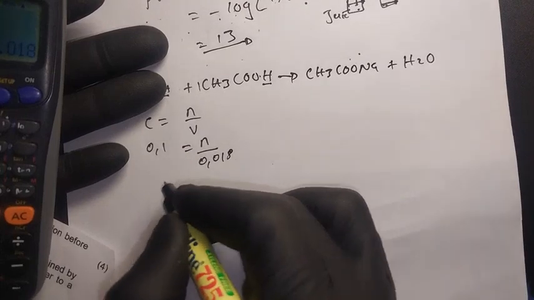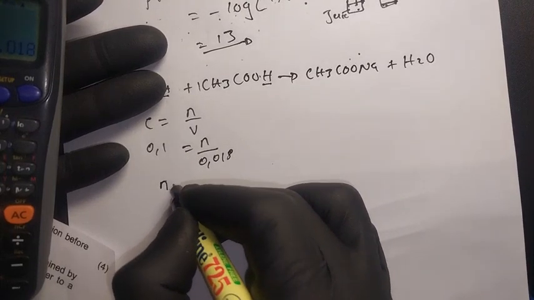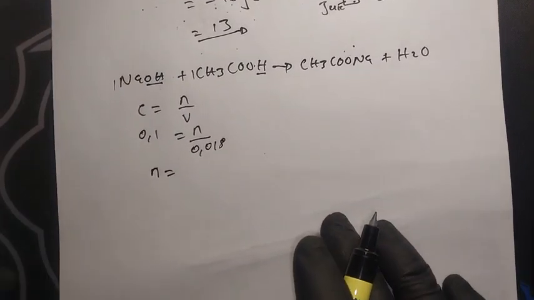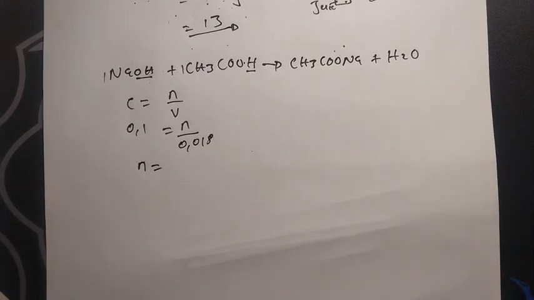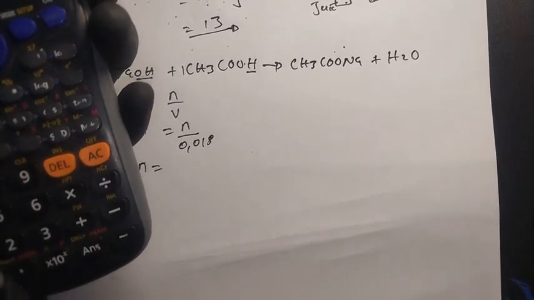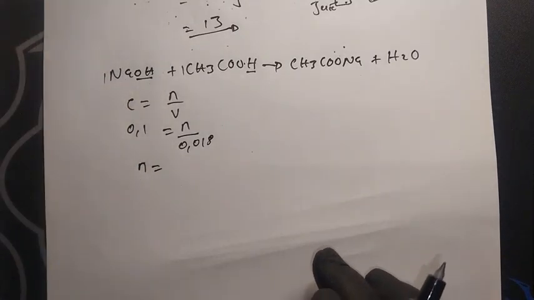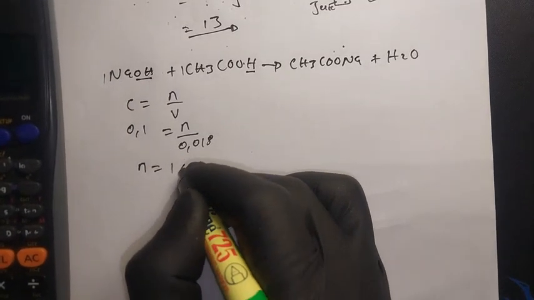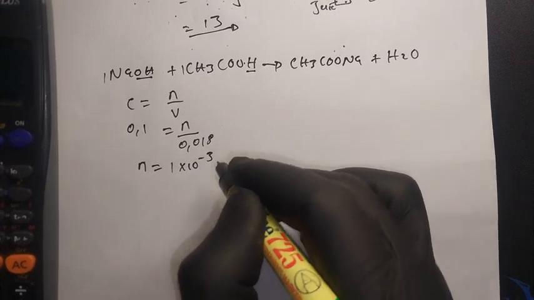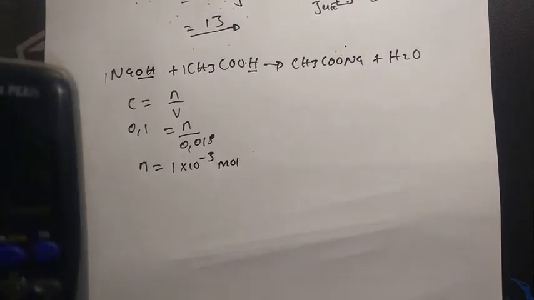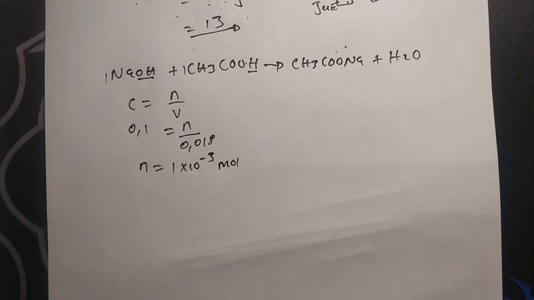Then you cross multiply, and the number of moles is 0.1 times 0.018. It's going to give you 1 times 10 raised negative 3 mole. I hope it's still making sense.